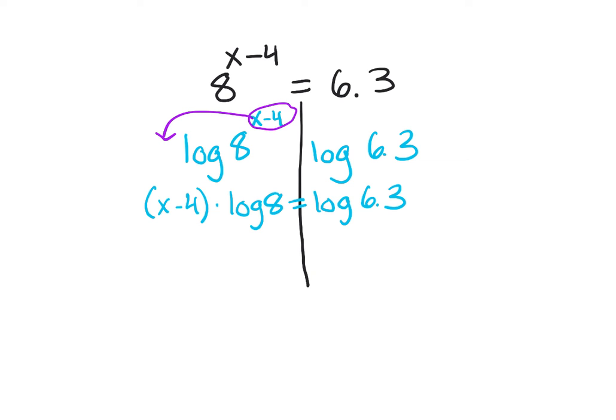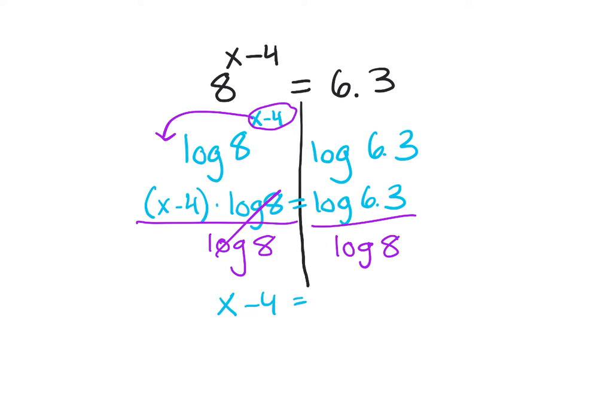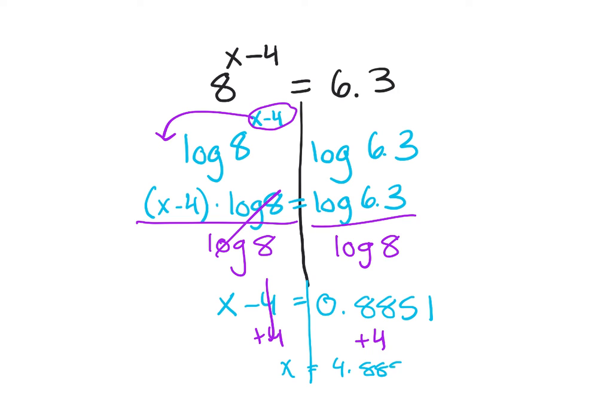Now I'm going to divide both sides by log 8. So x minus 4 equals, I punched it in my calculator and I got 0.8851. And then I still need to add 4 and add 4. So x equals 4.8851.